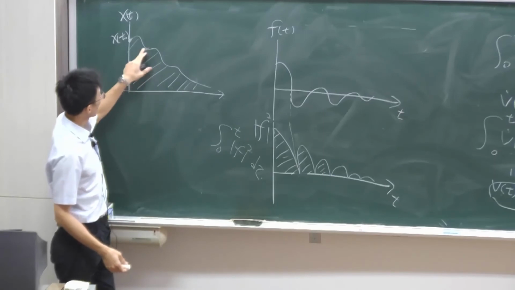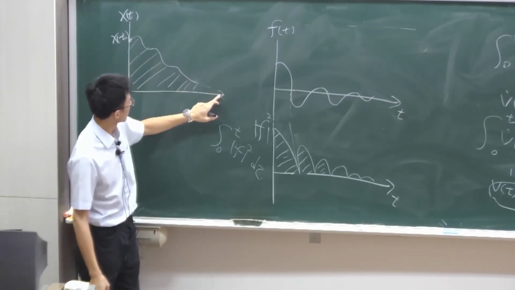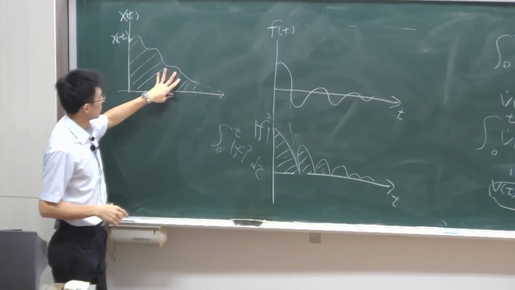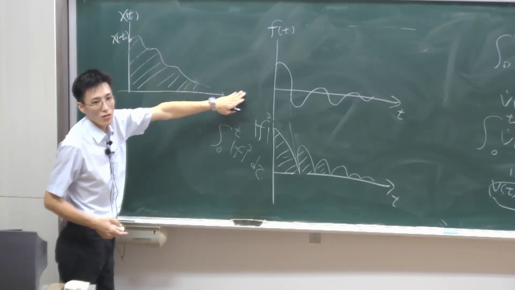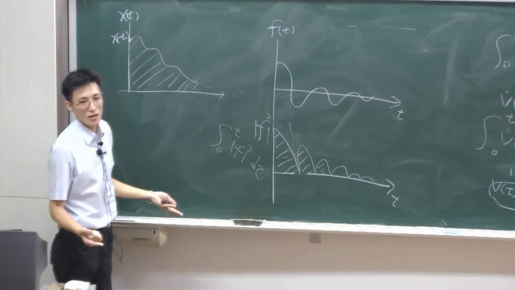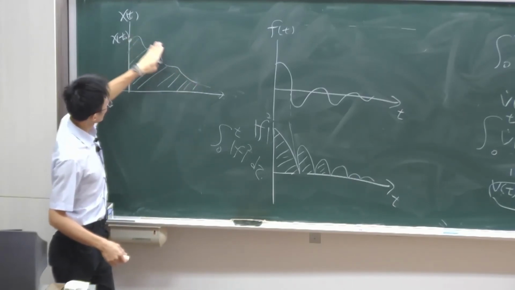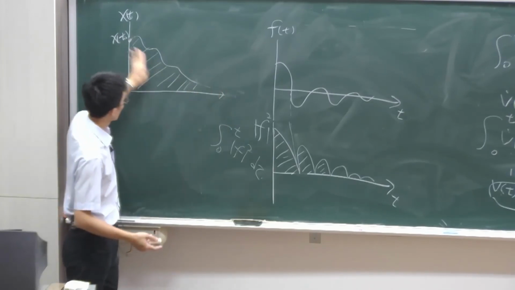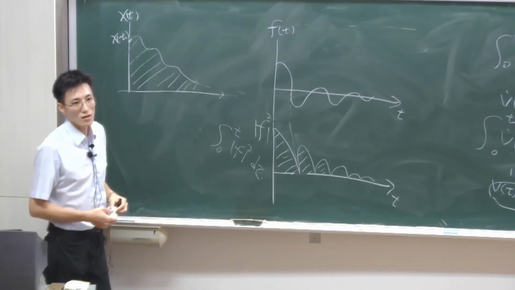If this area is finite, it can't go off to infinity. If it goes to infinity, the area could be infinite, right? If this function x doesn't go to 0 as t goes to infinity, then the area will not be finite, right?